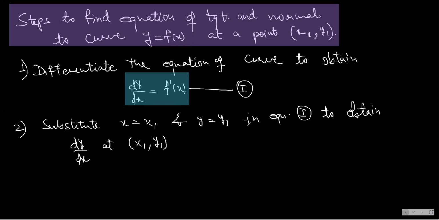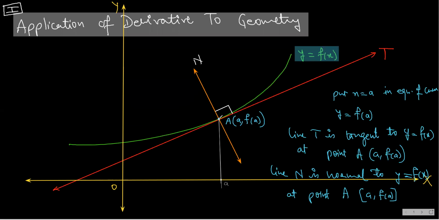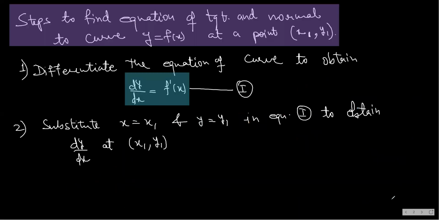It is like the point which I wrote as A, f of A, that is taken as x1 comma y1. So we will substitute x as x1 and y as y1 in this equation to obtain dy by dx at x1, y1.